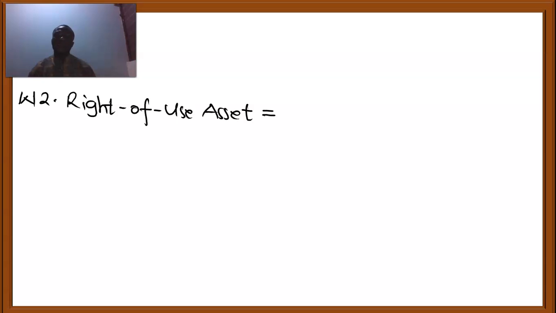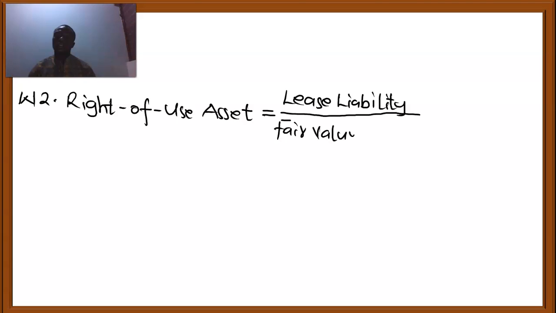We find the right of use asset by dividing the lease liability by the fair value of the asset, then we multiply it by the carrying amount of the asset.